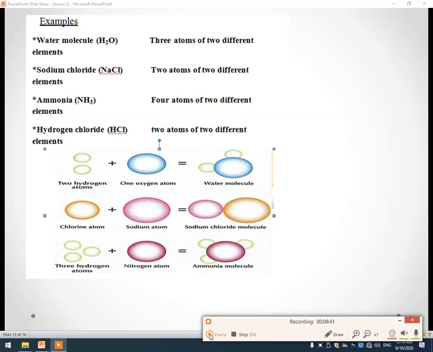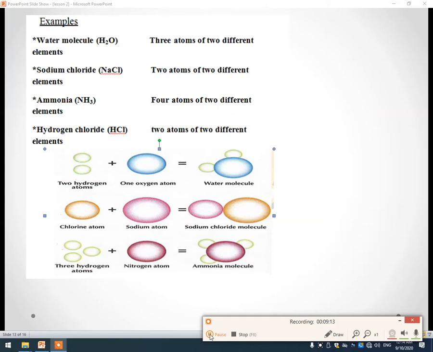The second example is sodium chloride, which you can write Na, the symbol of sodium, and Cl, the symbol of chlorine. But if you remember, I told you that when chlorine combines with another element, it must be written chloride, not chlorine.